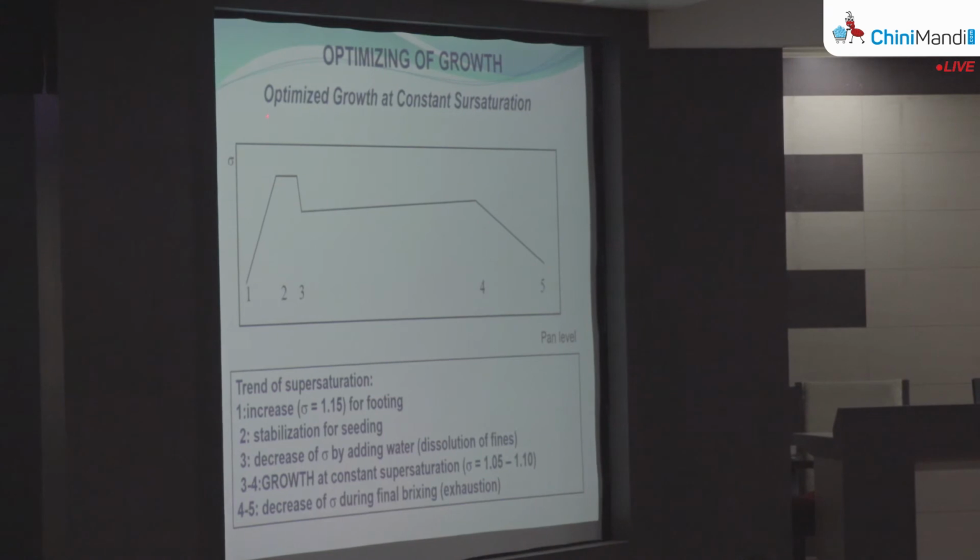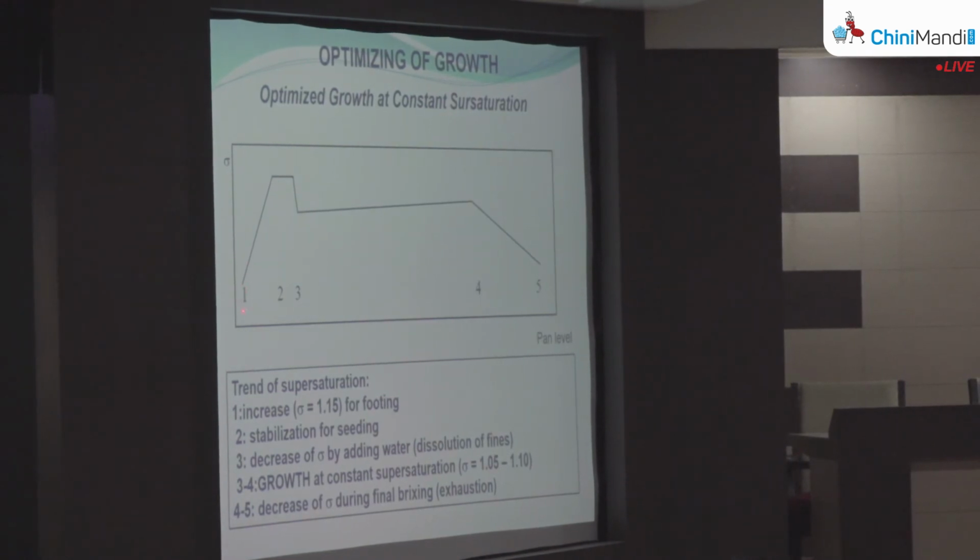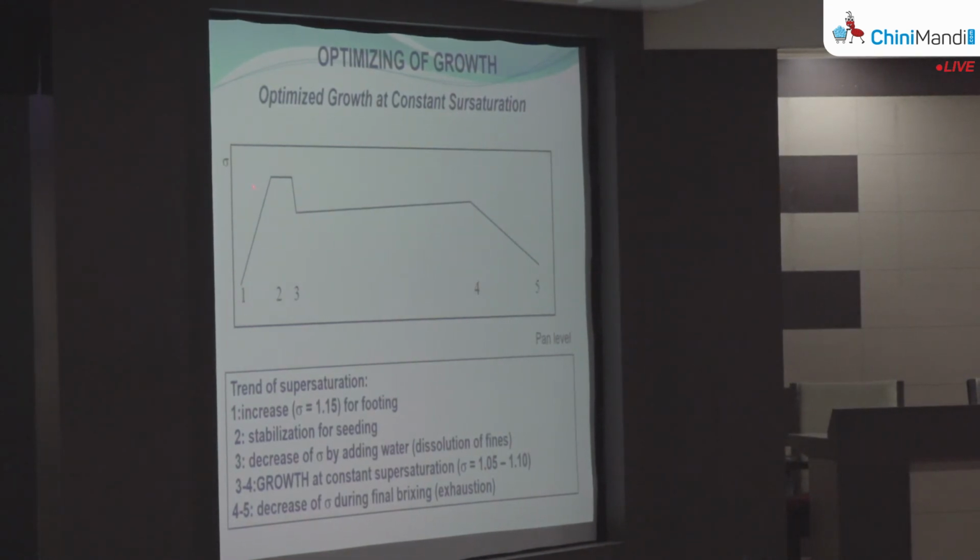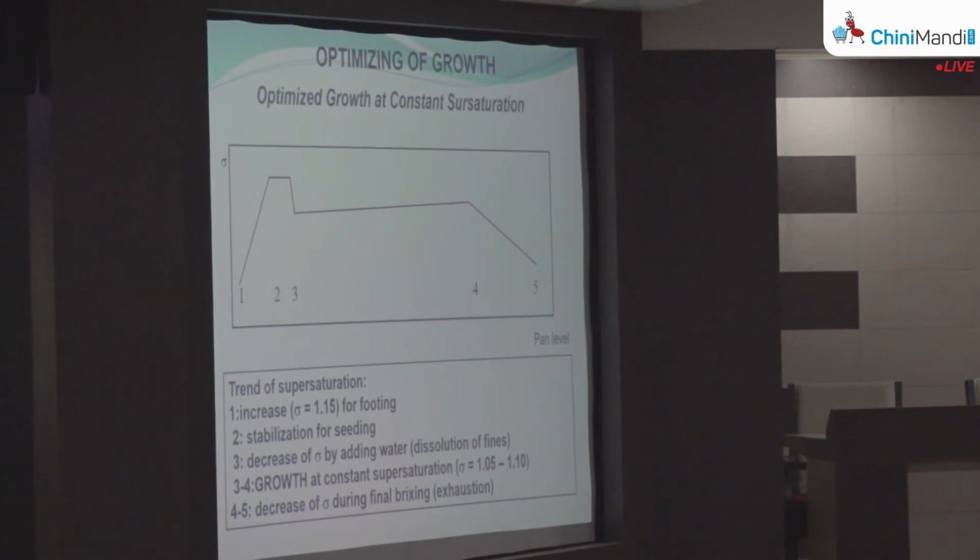Here you see a cycle of a pan: increase of supersaturation by evaporation, stabilization, followed by the graining, and then you have almost constant supersaturation, which decreases because you have to exhaust the mass heat.